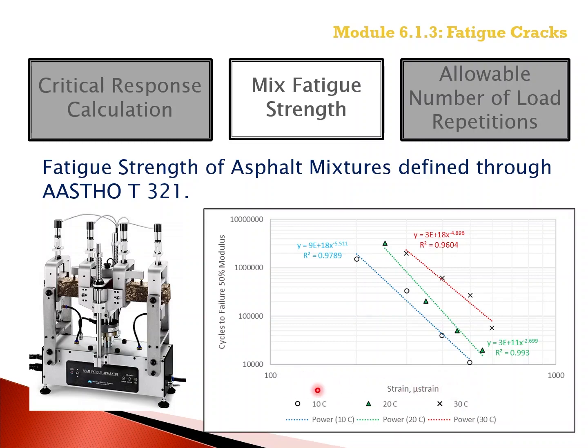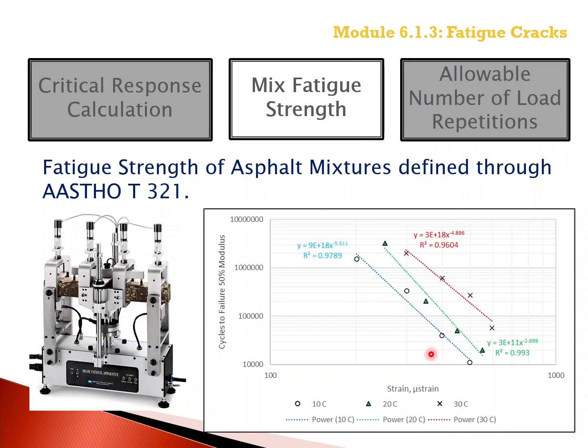So the applied tensile strain, and then the number of cycles to failure, which is 50% of the initial flexural modulus, is defined as failure in the laboratory, and is used to determine the fatigue strength of the asphalt mixture.